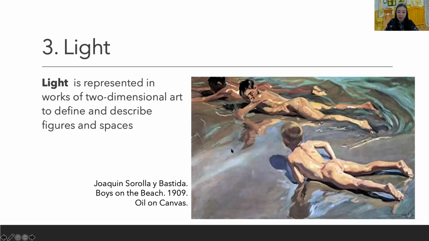The third visual element we are going to see is light. Light is represented in works of two-dimensional arts to define and describe figures and spaces. By using light, we can make space and three-dimensional mass on the two-dimensional surface.